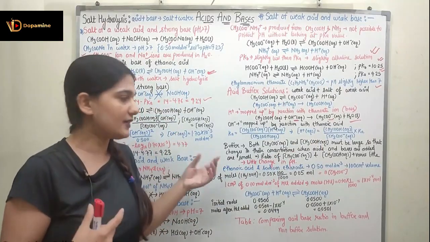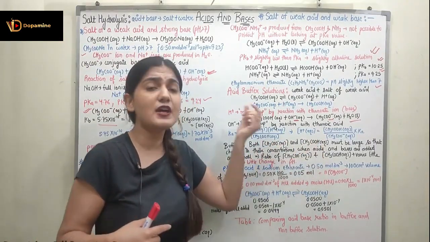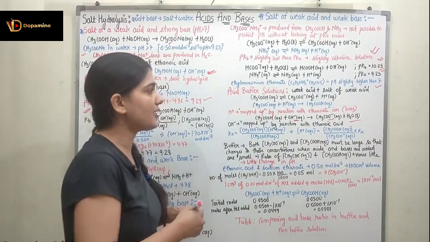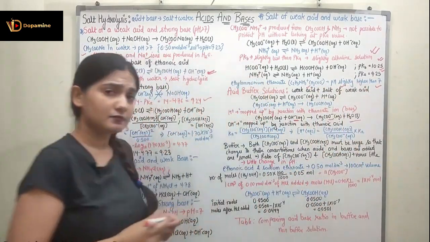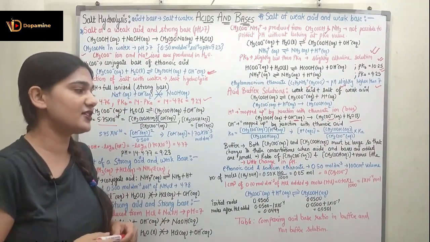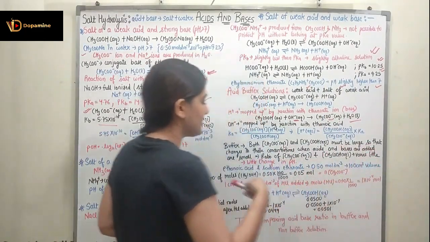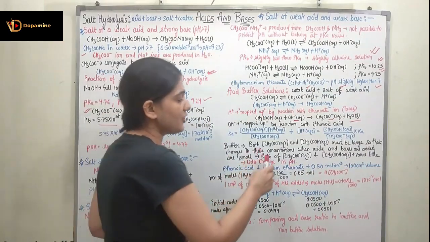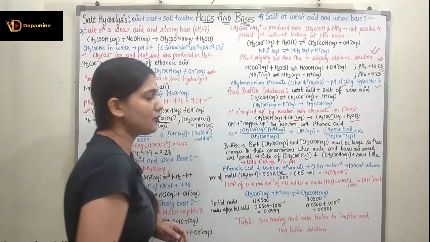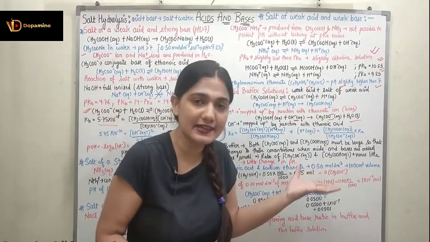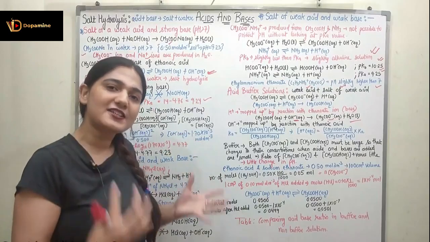We have a weak acid and a salt of the weak acid, but both of their concentrations must be large enough so that if I add acid or base in small quantity, the ratio of the concentrations of CH3COO negative and CH3COOH varies very little, due to which the pH varies very little.